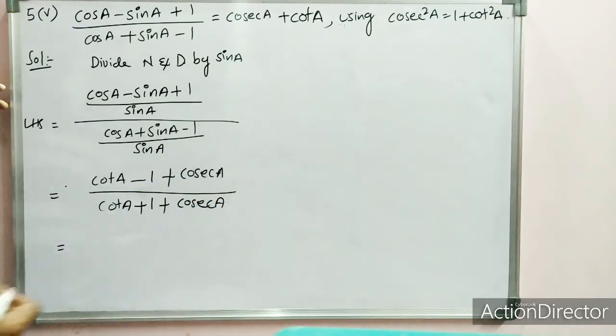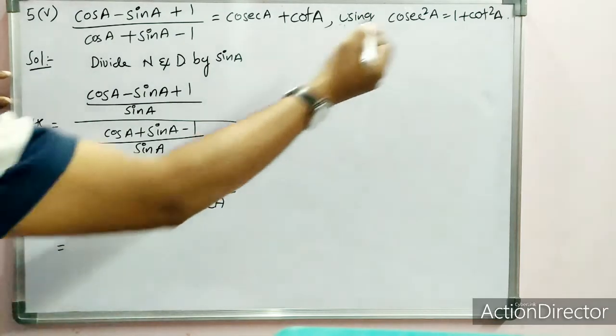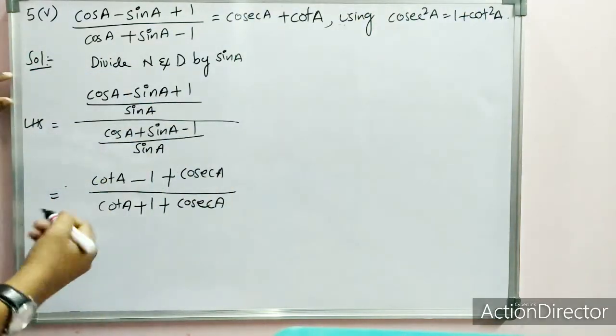Instead of 1, I can write 1 as cosecant square minus cot square.